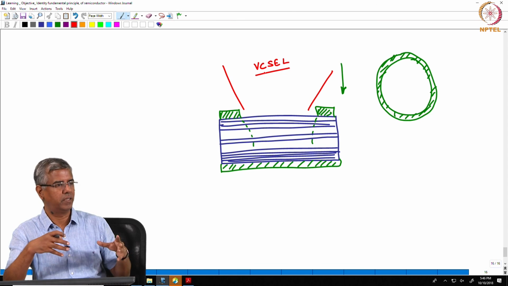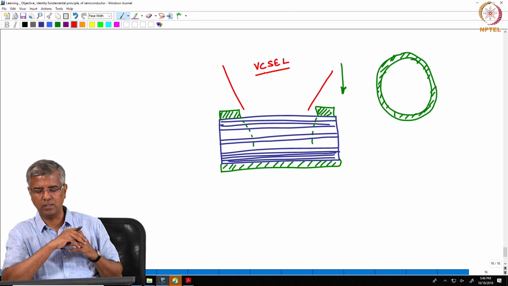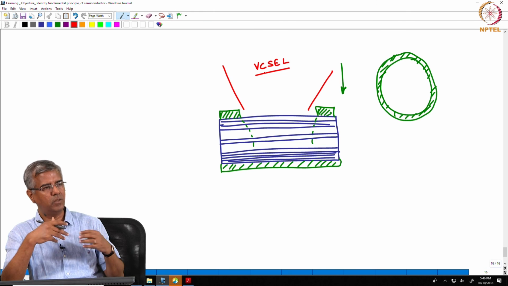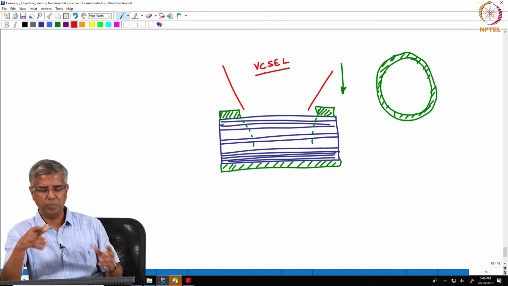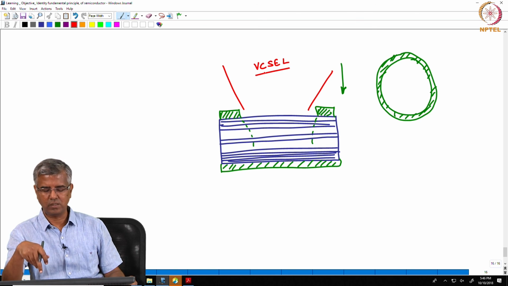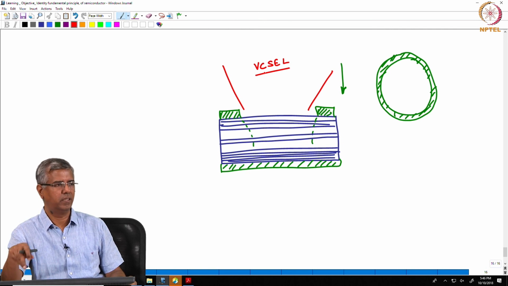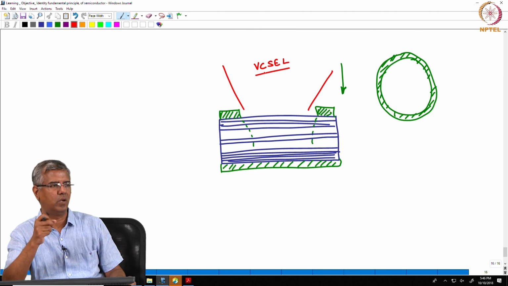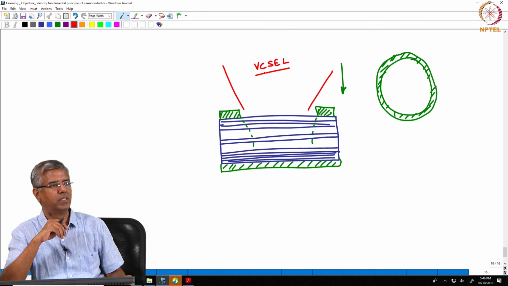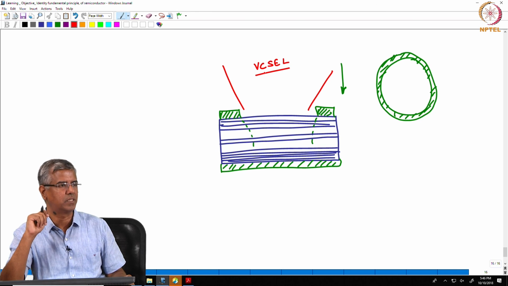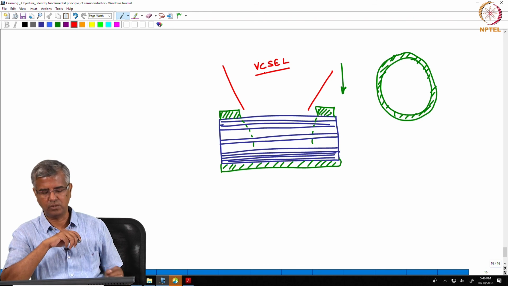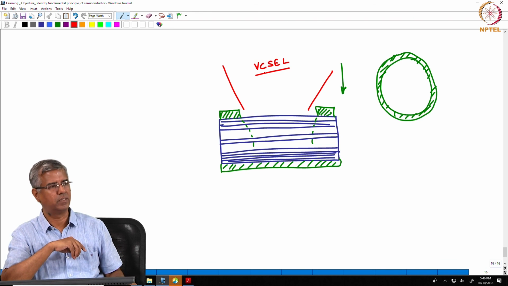That means you can couple it easily into an optical fiber, typically a multimode fiber, unless you define the ring structure to be very small, so that the light emission can be single moded. But you get very nice circular beams out of these VCSELs, so those are good for certain applications.